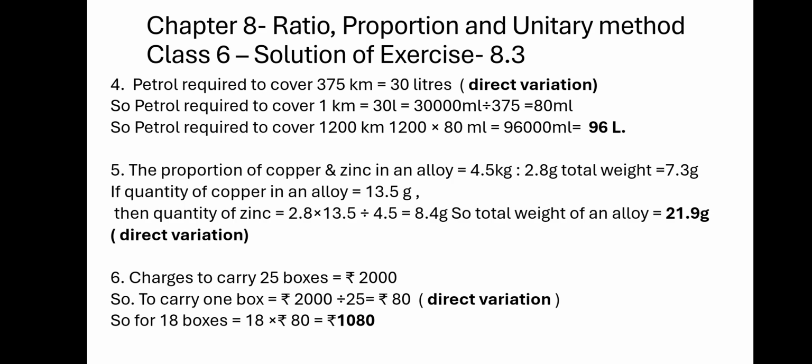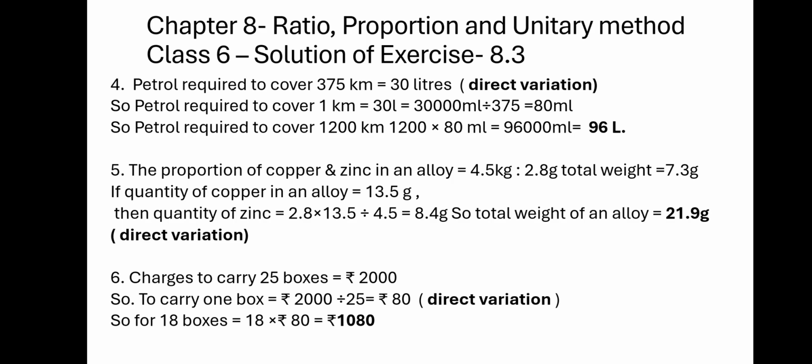If the quantity of copper in an alloy is now 13.5 gram, the zinc required will be 2.8 into 13.5 divided by 4.5, that is 8.4. So the total weight of the alloy will be now 13.5 plus 8.4, that is 21.9 gram. Please change that kilogram to gram. It is 4.5 gram, not kilogram.